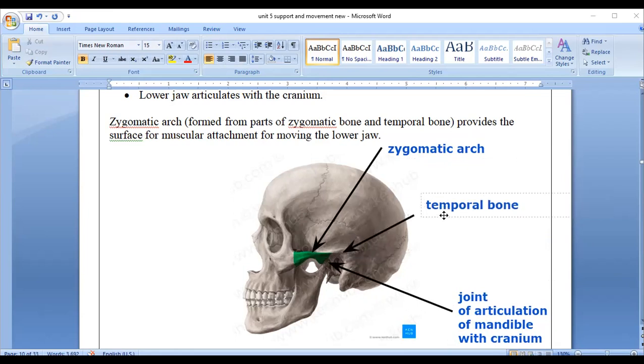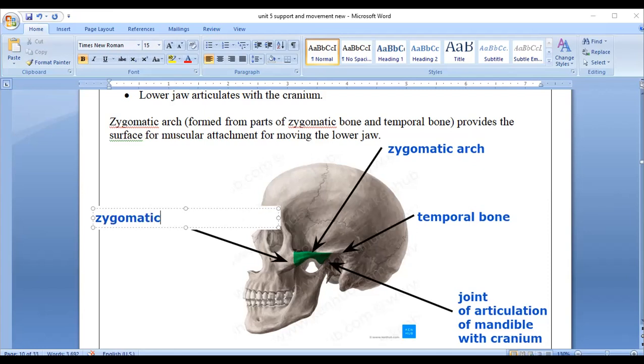This is actually the temporal bone. On this side, this is the zygomatic bone. So two bones: the temporal bone and the zygomatic bone. They join together and form a unit called the zygomatic arc. Understood?